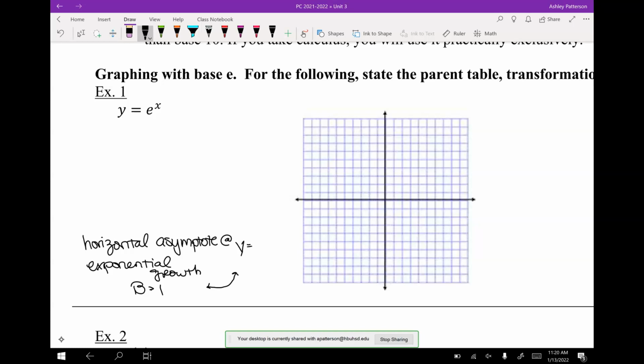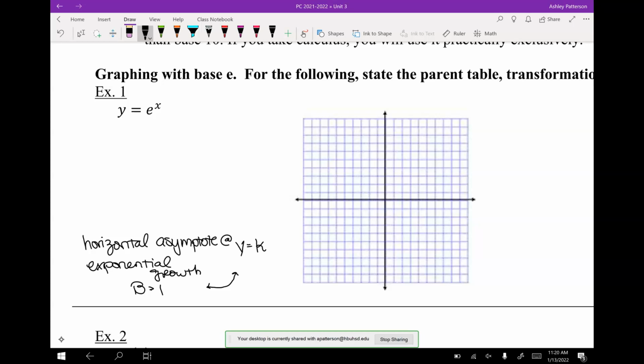Y equals, think about what a horizontal asymptote is, yeah? What's the only thing that's going to shift me? K, good. Because if it's H, you're moving me left or right. I'm still here. But if it's K, then you're shifting it up or you're shifting it down. So that's going to shift where your asymptote is. Yes, it's going to be Y equals K.